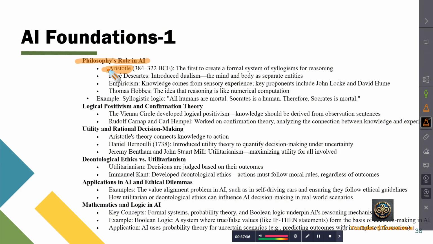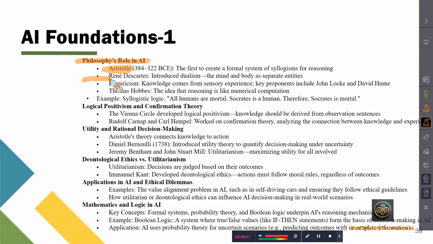His work laid the groundwork for logical reasoning, which is very related to current AI. Aristotle made syllogisms based on logic. For example: all humans are mortal, Socrates is a human, therefore Socrates is mortal. This reflects the kind of deductive reasoning used in early AI systems.